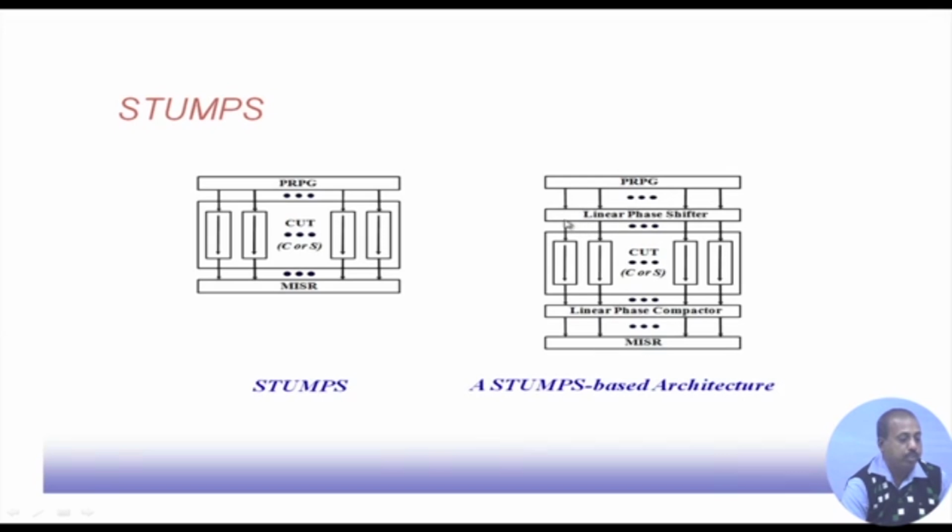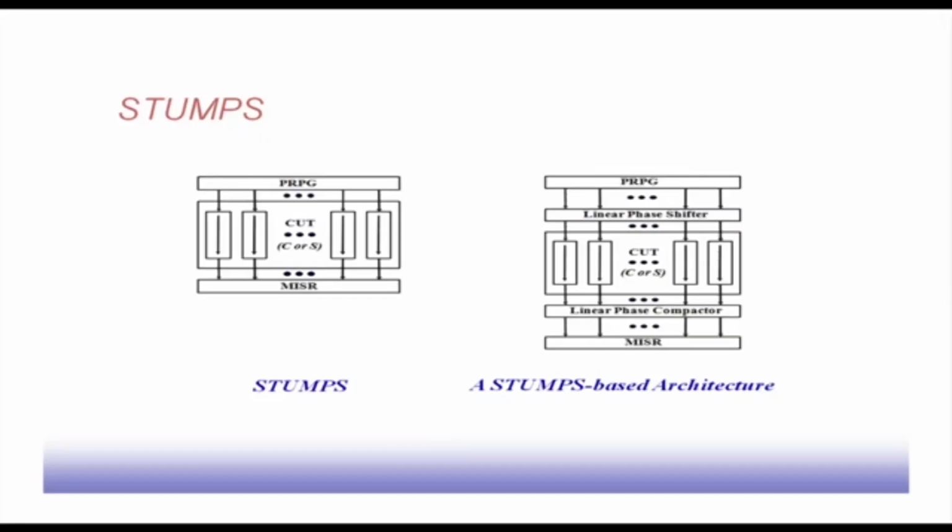So, this produces more shifted versions of these outputs. Okay. And then they are actually used to feed the scan chains. So, if we have got a large number of scan chains in the circuit, then we can use this philosophy to feed those scan chains without having a large PRPG.